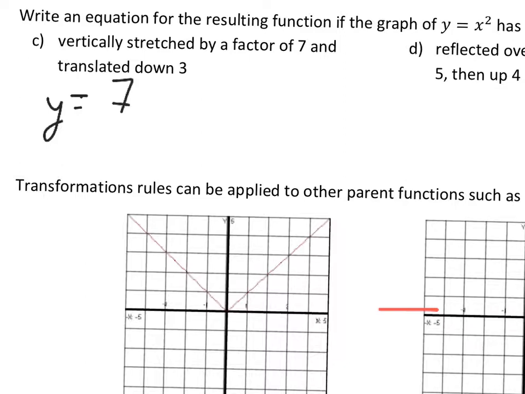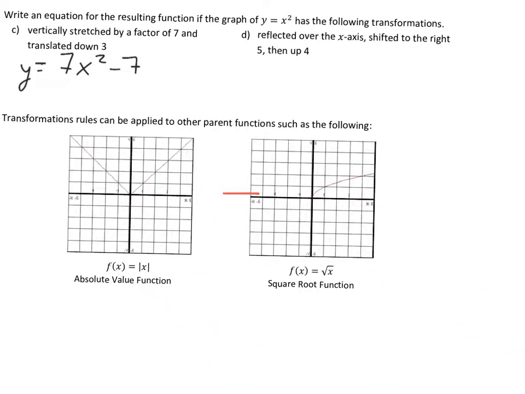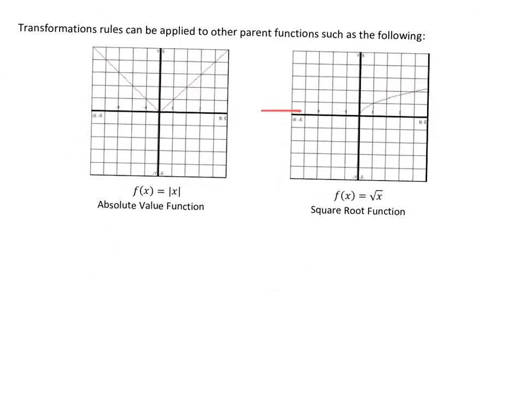It doesn't say anything about reflection, so I don't need it to be negative, and translated down 3. Then I need my x squared, and down is the k, which is very last, and down means negative, so minus 3. Again, I'd like you to take a time out and do D on your own. Pause the video and do D.